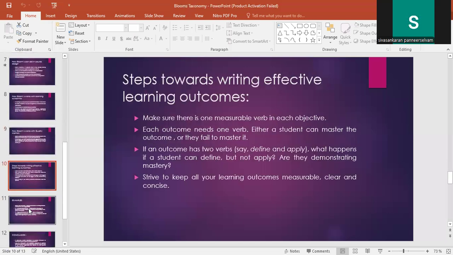What are the steps to make an effective writing of learning outcomes? First, rule number 1, make sure you are using one measurable verb in each learning outcome. And try to make a consistency in defining your learning outcome to be more measurable, clear, and concise.